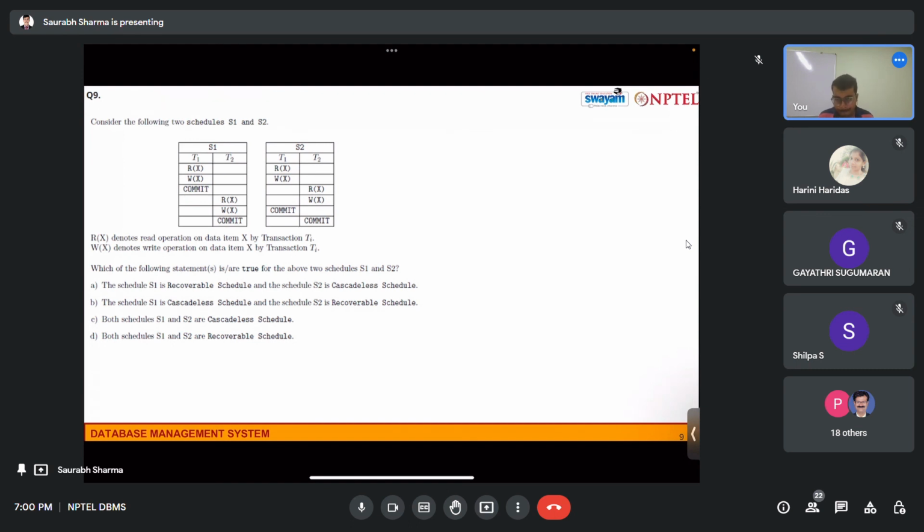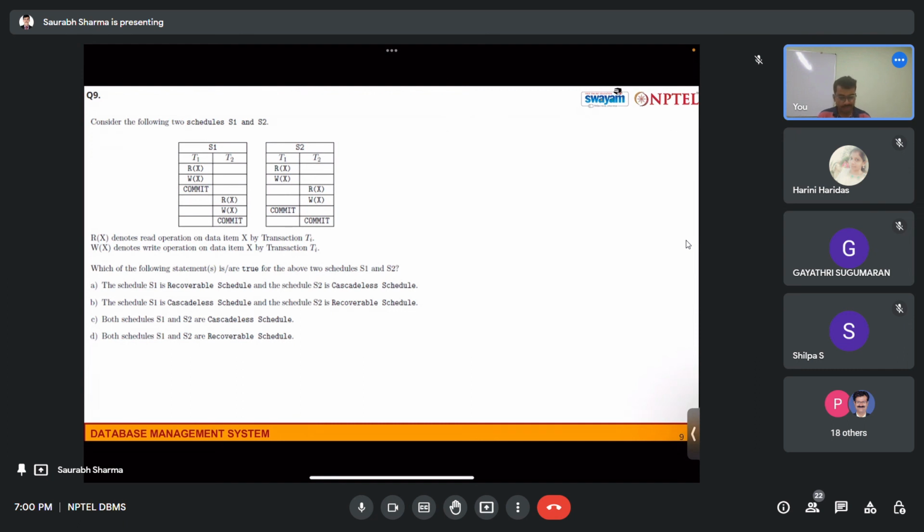So if we comment on cascadeless, what we understand is that one of the transactions is executed, meaning it commits its values, and after that another transaction starts taking values.